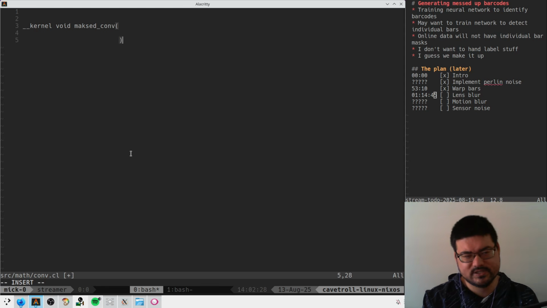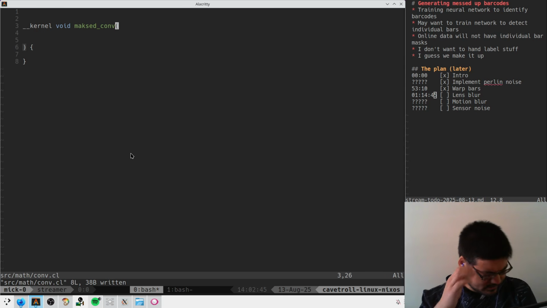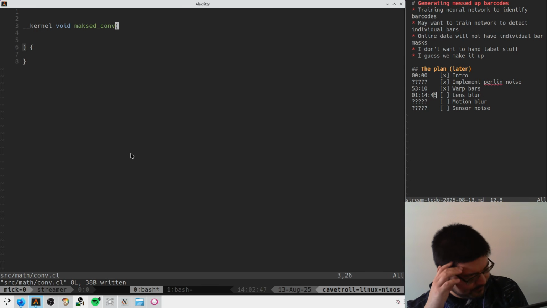And what are its inputs? We probably have an input buffer. Maybe this is mask conv in place. We can't do it in place, right? Because you would be messing up all of your other samples.